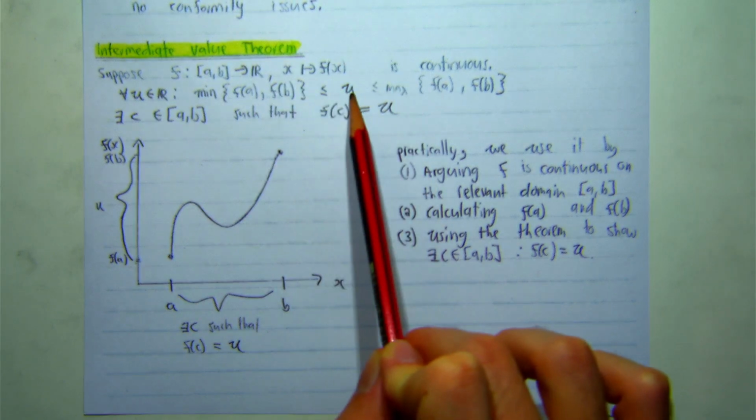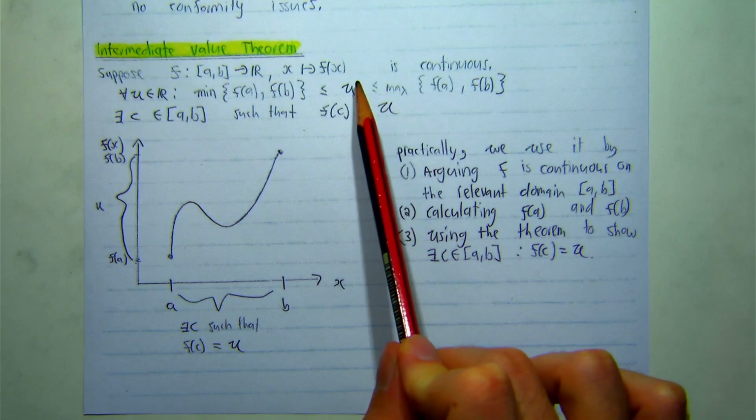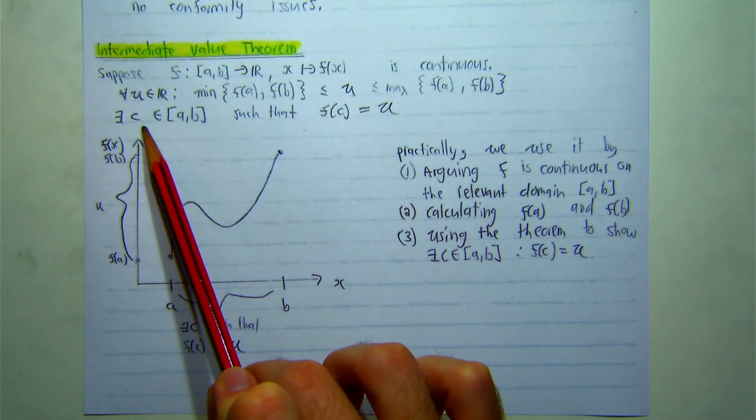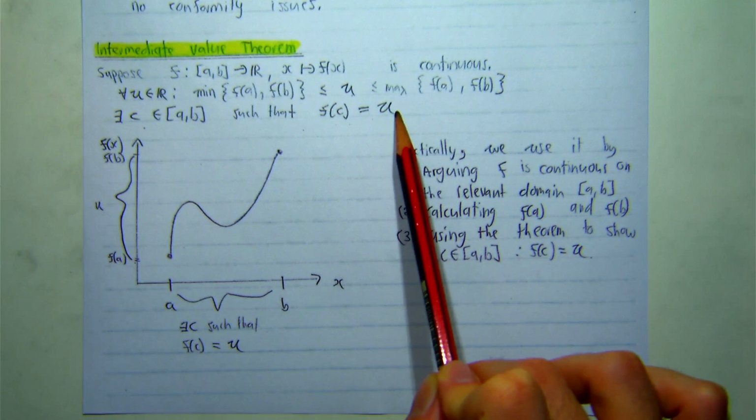And if it's passing through every u in between those values continuously, then there must exist some c in the domain where f(c) is equal to u.